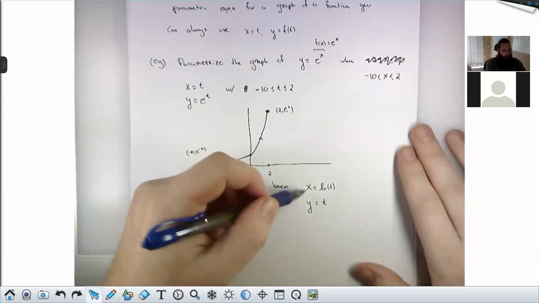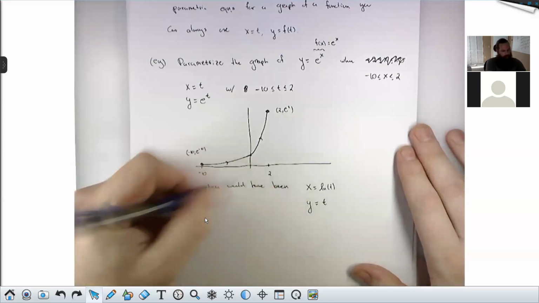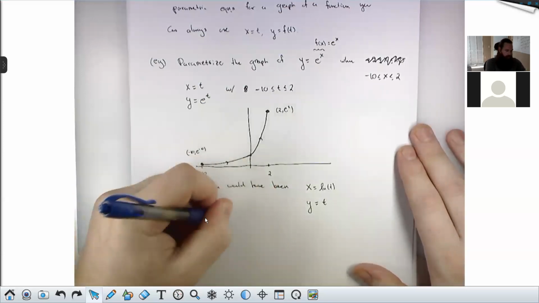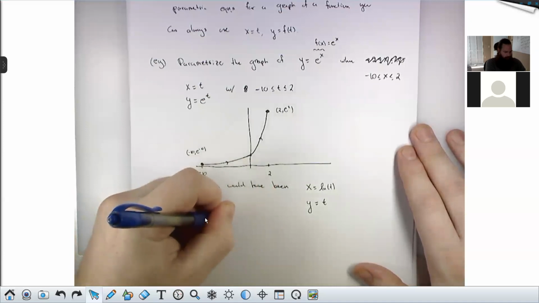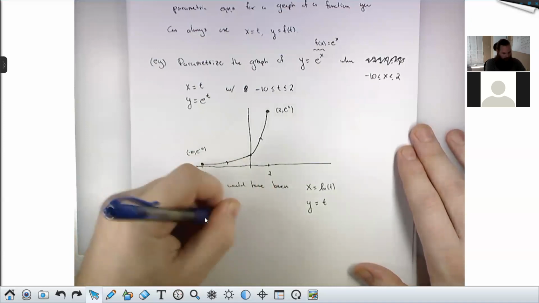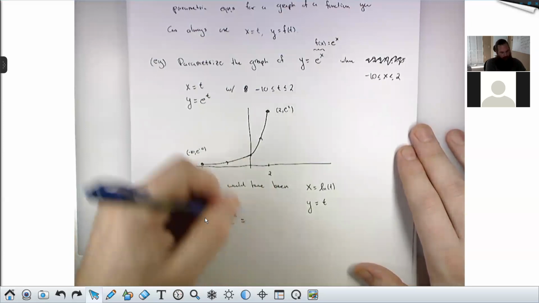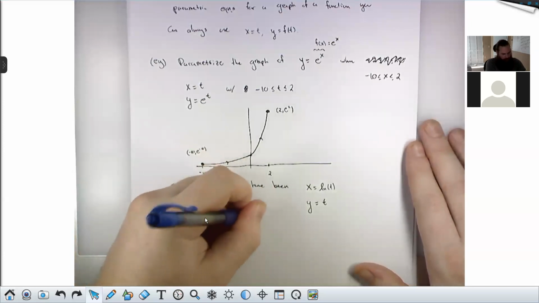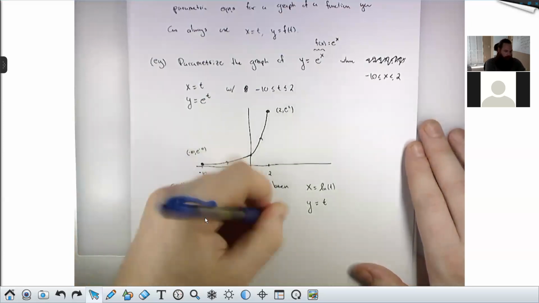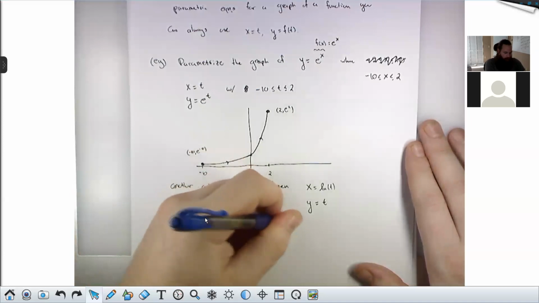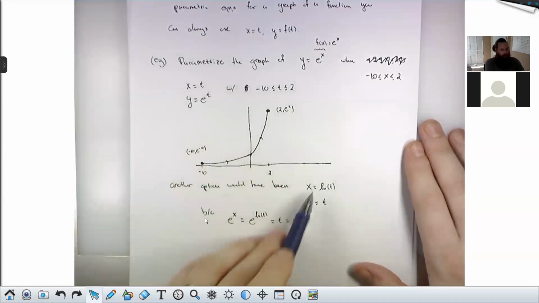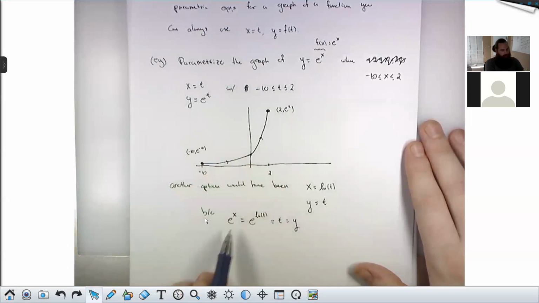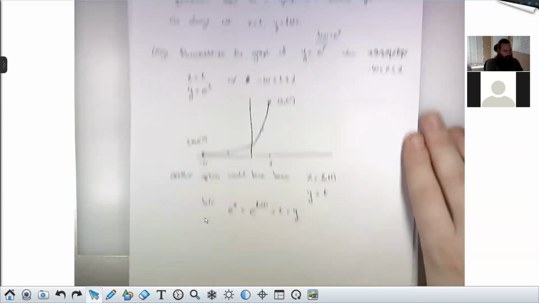Because here, still, y is e to the x. e to the x would be e to the ln of t, which simplifies to t, which is y. So if x is ln t and y is t, then e to the x equals y. Works the same way.